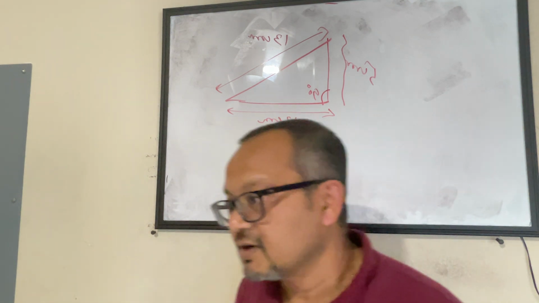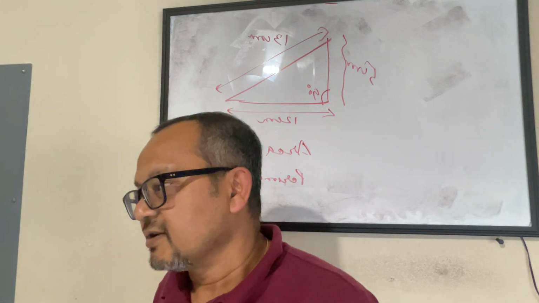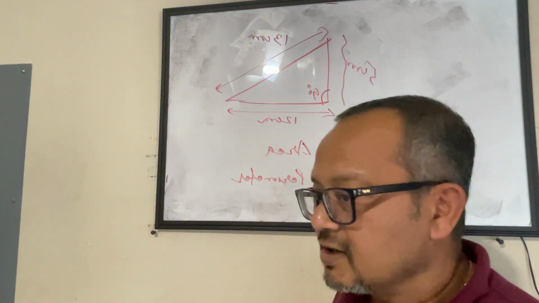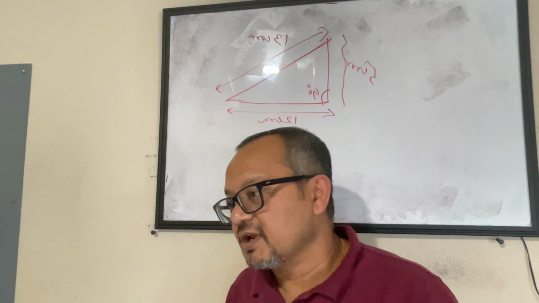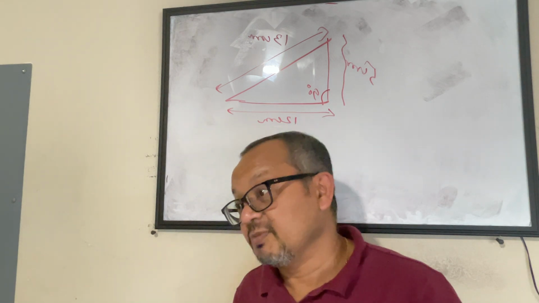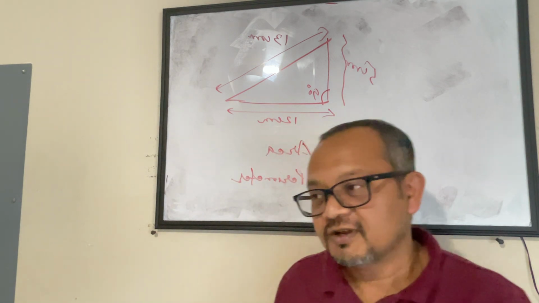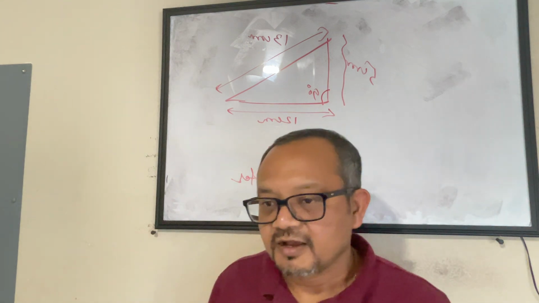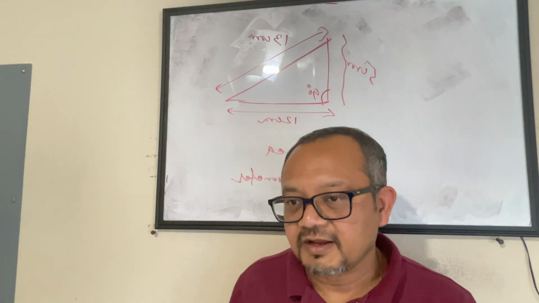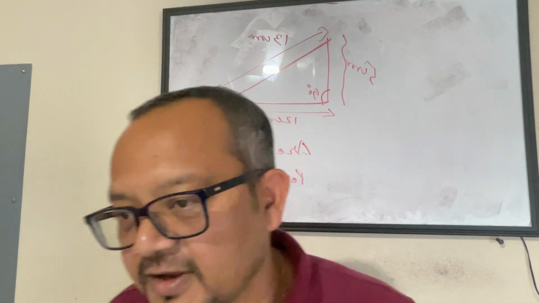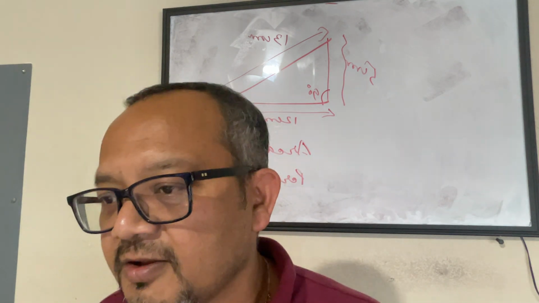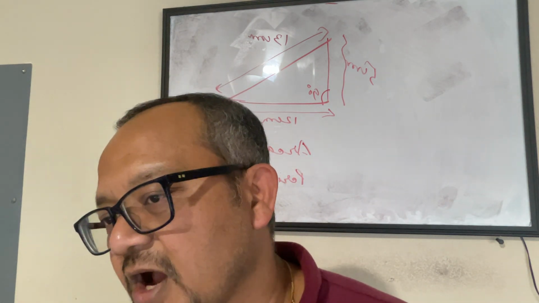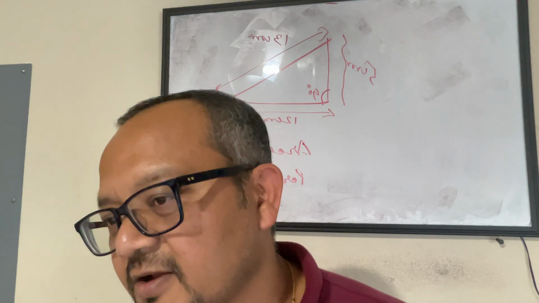Yep, you got it? What is the area? I got the perimeter. It's 30 centimeters. How about the area? Solve the complete question, then you come back to me. Yeah, Joy. I don't really get the area. How about the perimeter? I got the perimeter.